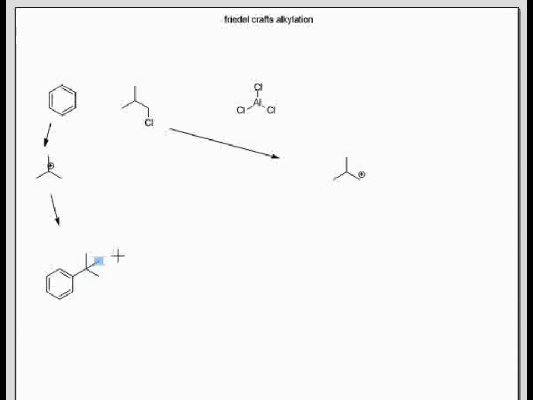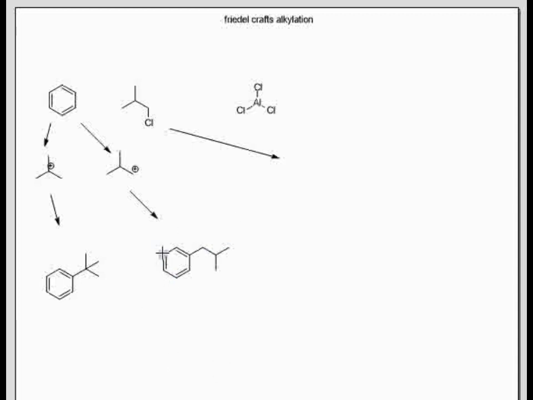Now benzene also will react with this type of carbocation and form something like this. I'm not going into detail about the mechanism because I hope you know it.